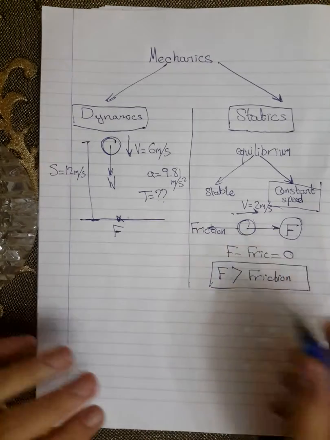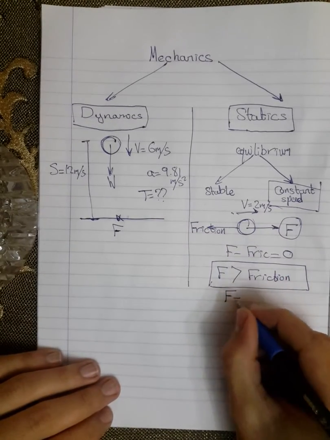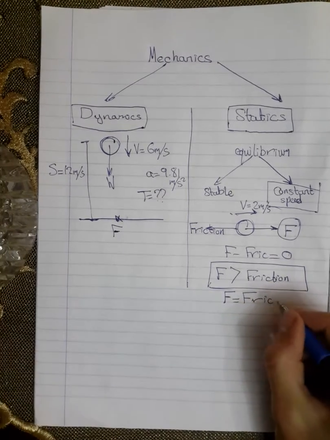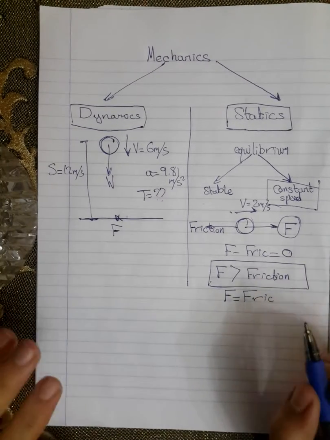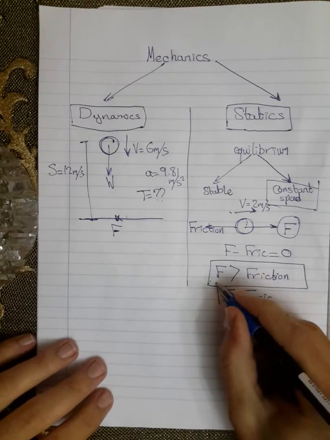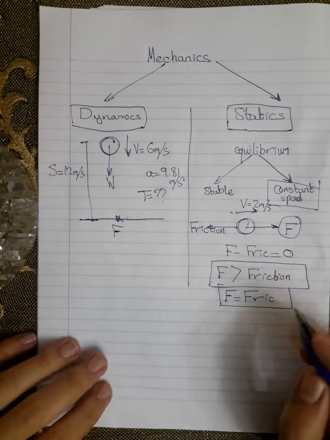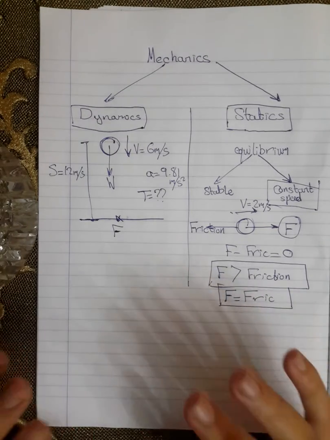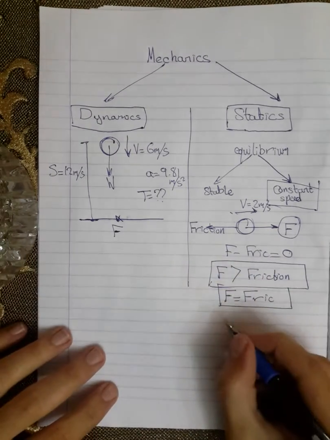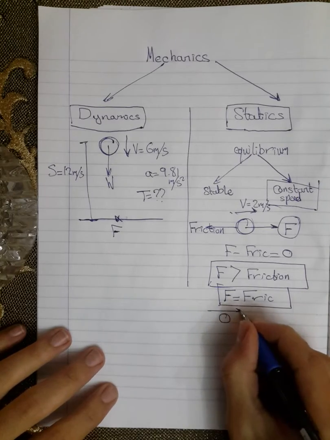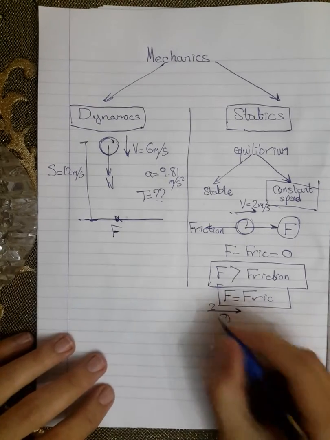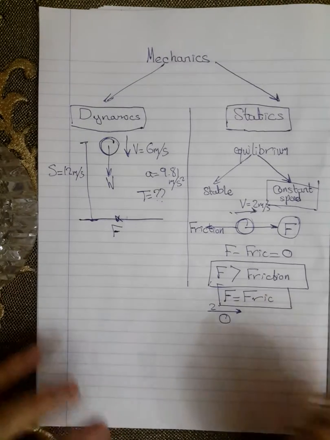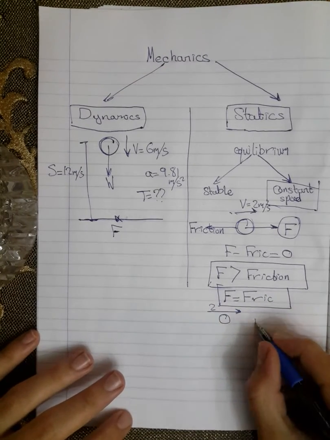Simple. But when the friction and the force F that I produce now are equal, so the ball is considered to be at equilibrium, as it is moving with velocity like 2. It won't accelerate, as the resultant force acting on the ball equals 0.